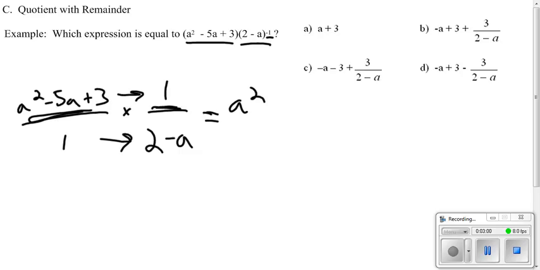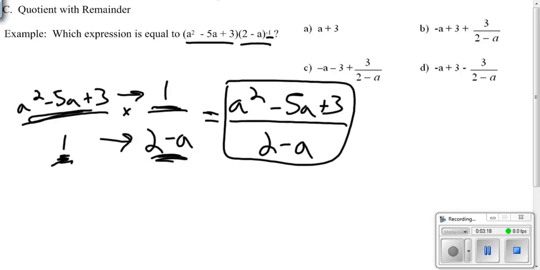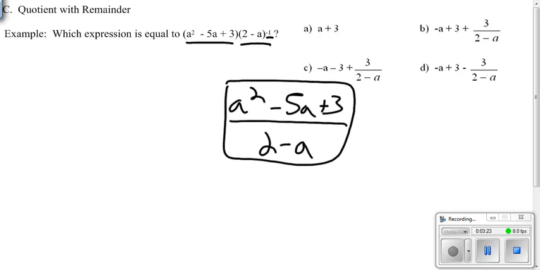So we're left with a squared minus 5a plus 3. Again, our denominator of 1 by our denominator of 2 minus a. Since this denominator is 1, it's going to stay the same, so it's still just 2 minus a. So in the end, we are left with a squared minus 5a plus 3 over 2 minus a.